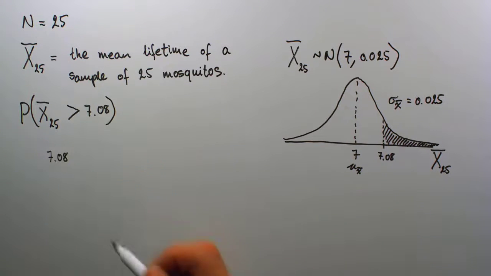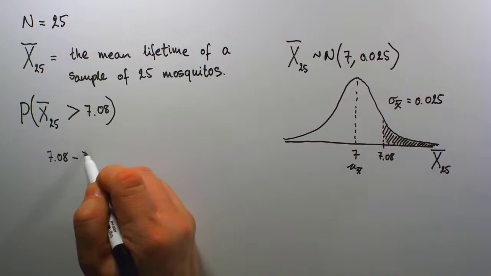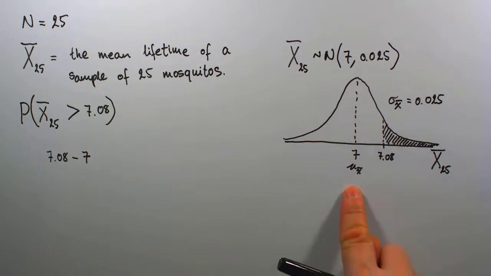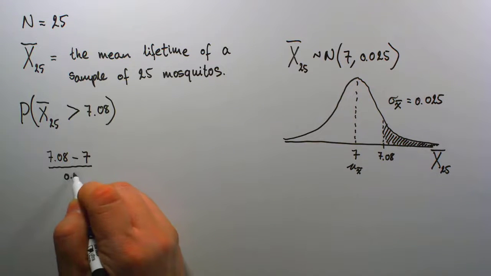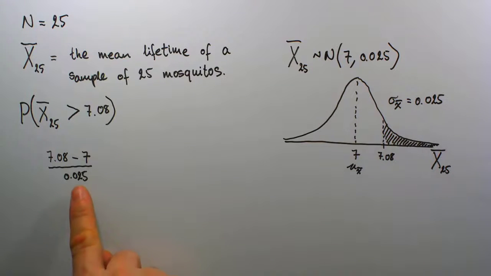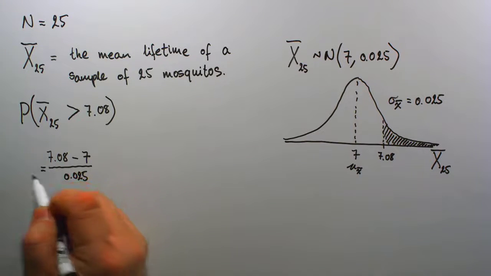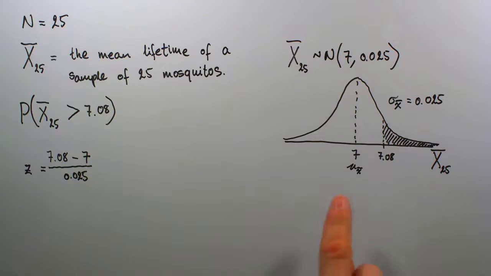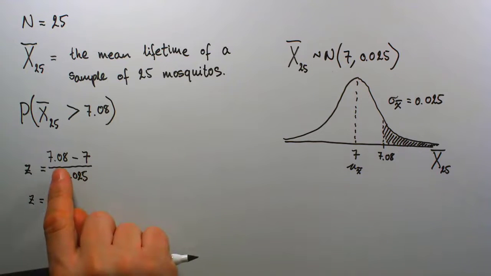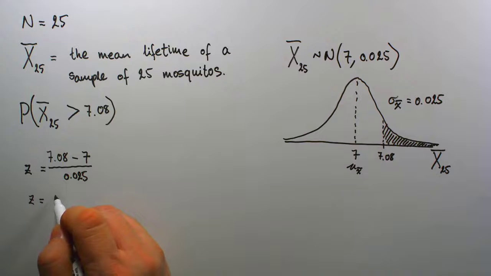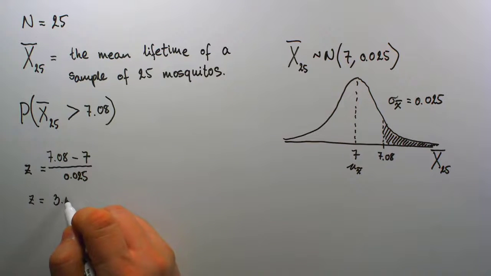For 7.08, I am going to subtract the mean at the center of the bell curve and divide that difference by 0.025. The work I'm doing here is to find the z-score for 7.08. The calculation gives me a z-score for 7.08 of positive 3.2.